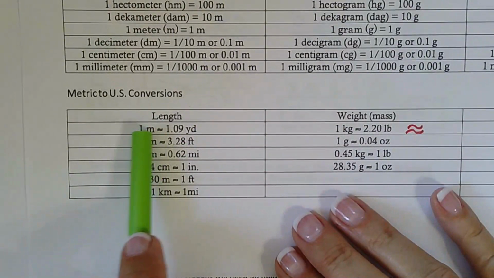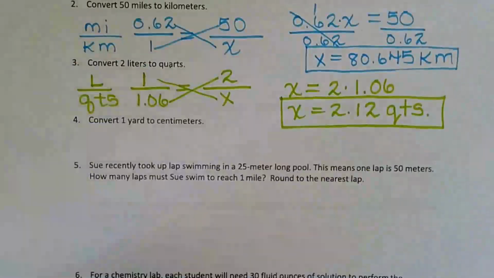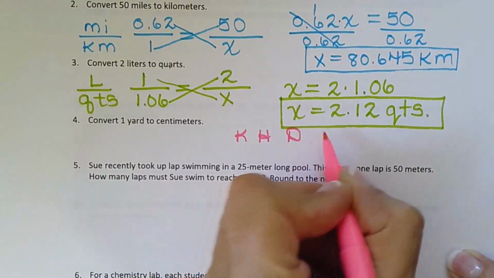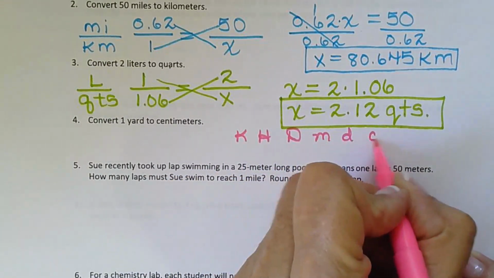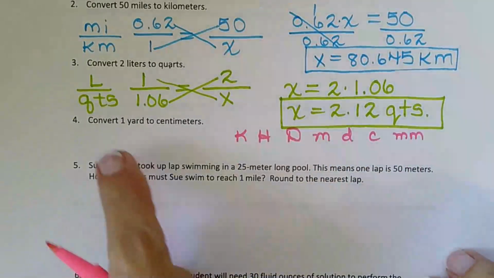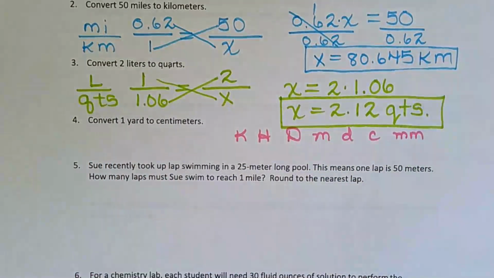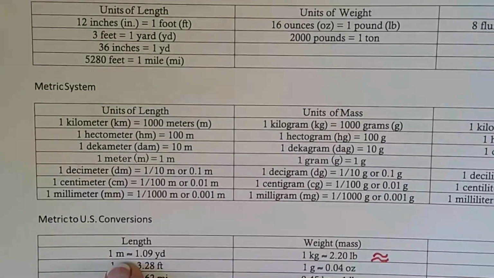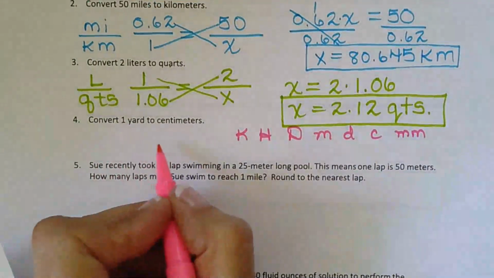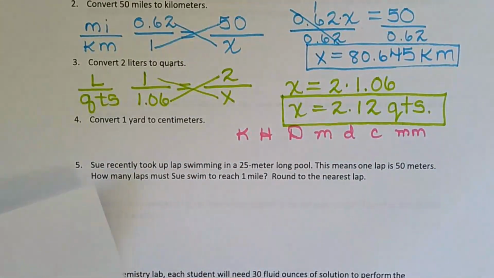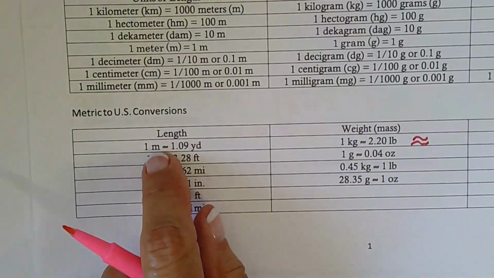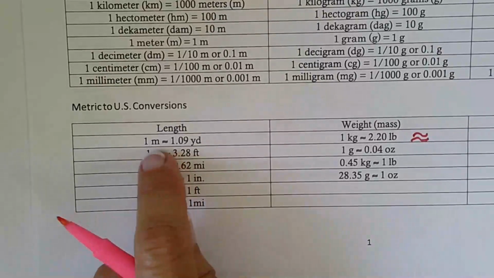So that one doesn't have a number, so we're going to have to go here and change this into centimeters. So 1 meter is how many centimeters? So let's do our King Henry died making dopey cows moo moo. So we need to change 1 meter into centimeters in order to use this thing.